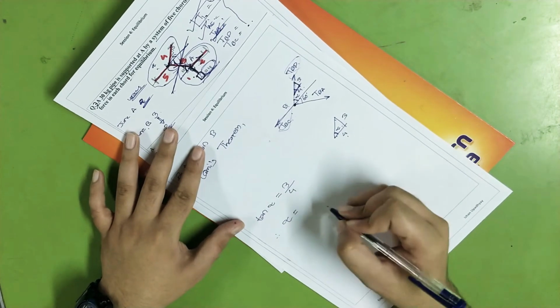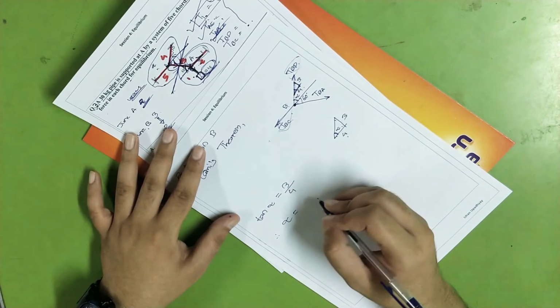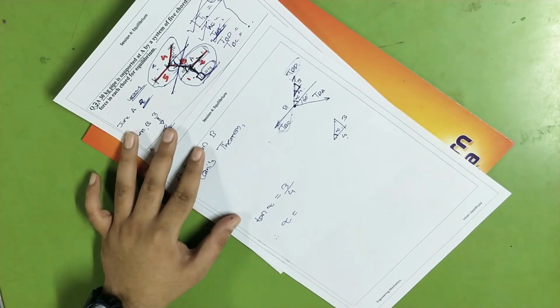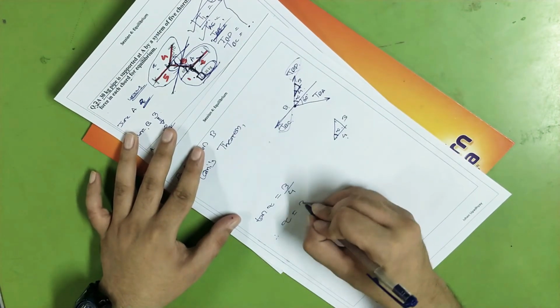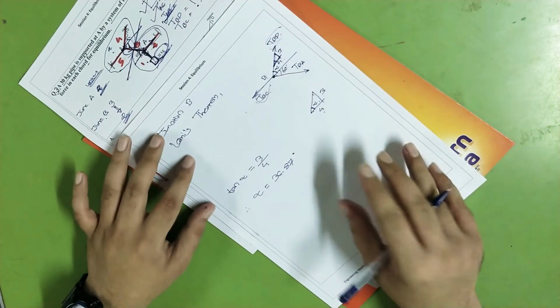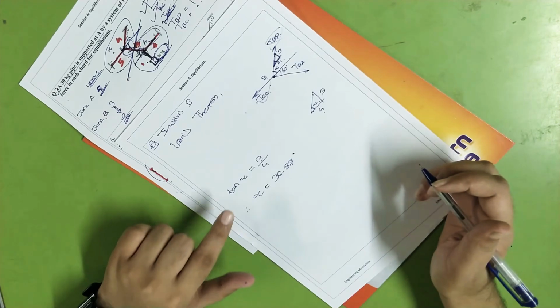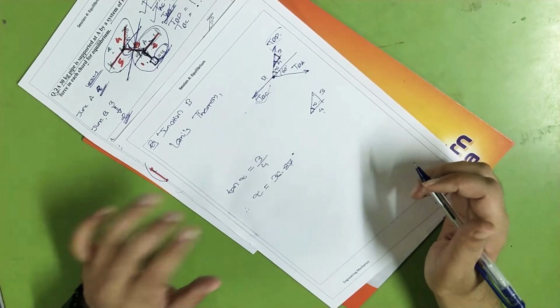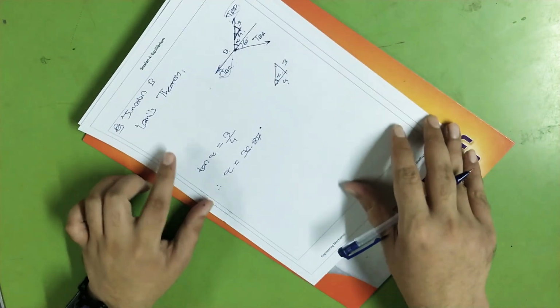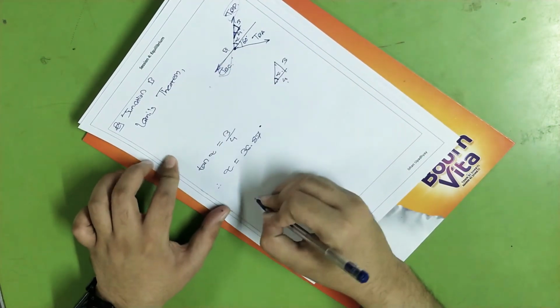With that, alpha is equal to tan inverse of 3 by 4, and hence I get the value of alpha as 36.87 degrees. Now we'll go for the final part and apply Lami's theorem at junction B.